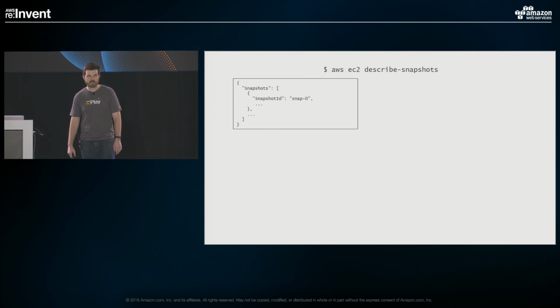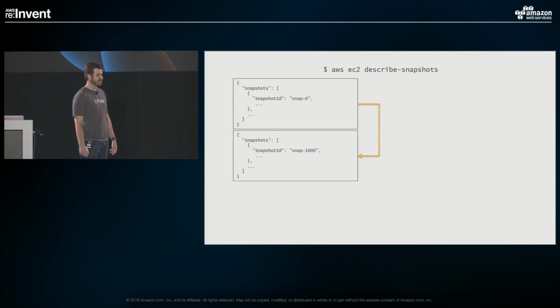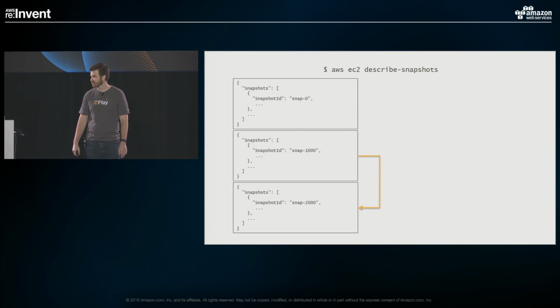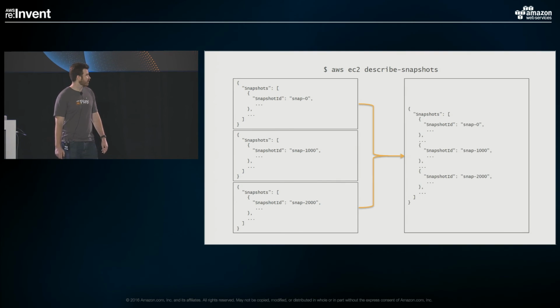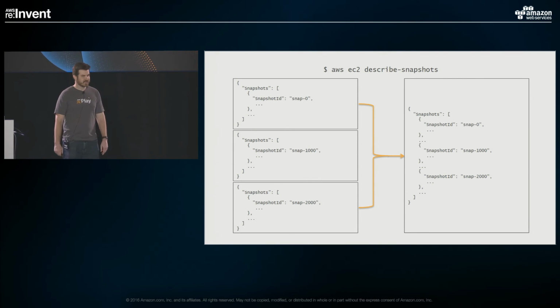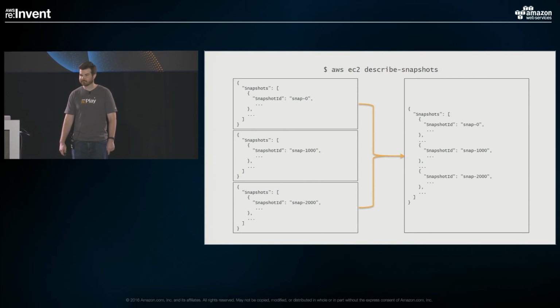If there's any more available snapshots that can be described, it'll return an output token. The CLI will detect this output token and use it as an input token for a subsequent request to get the next set of snapshots. The CLI will keep doing this until there's no more output tokens coming back from the service, indicating there are no more snapshots to be described. Once all of these responses are collected, they are merged into one big list of snapshots.